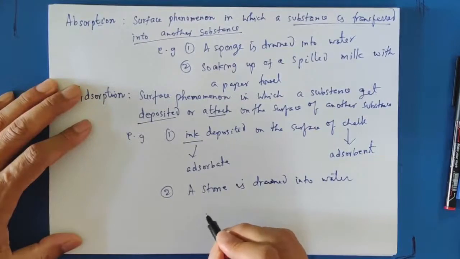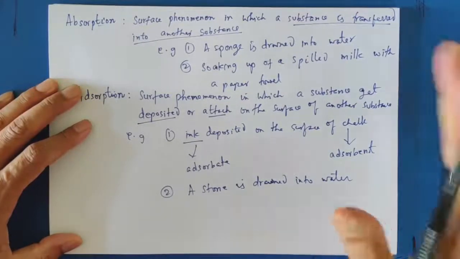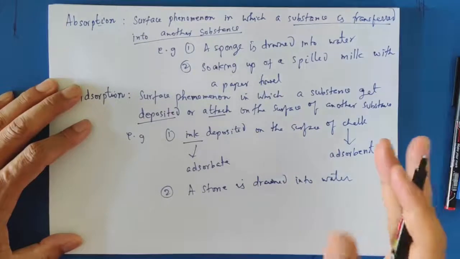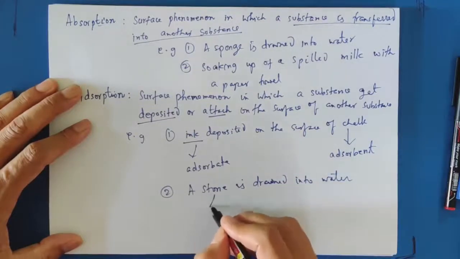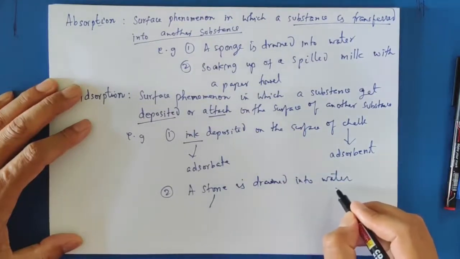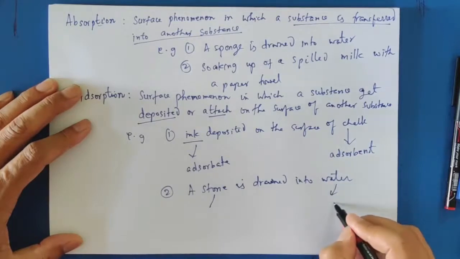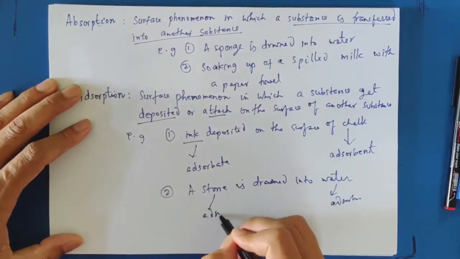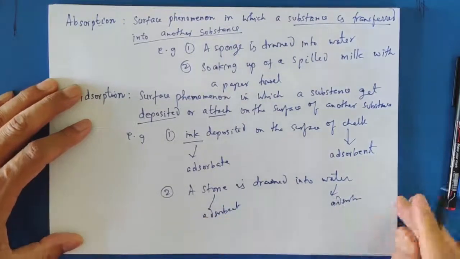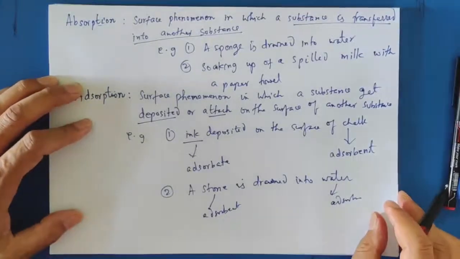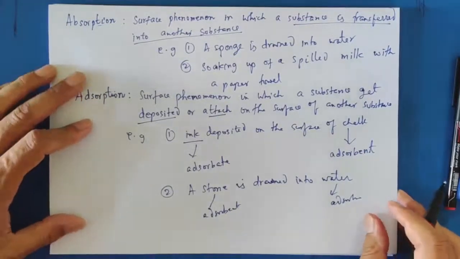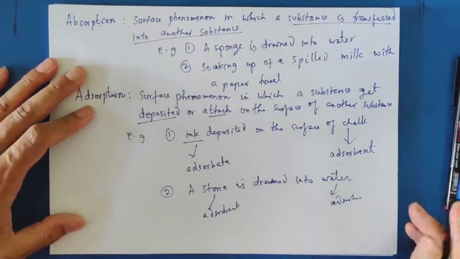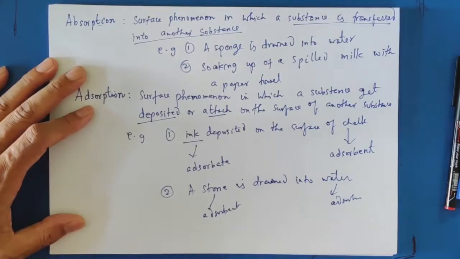The water sticks on the surface of the stone and does not go inside. So here water is the adsorbate and the stone is the adsorbent. What is adsorbent? A substance on which the adsorbate gets deposited. What is adsorbate? The substance which gets deposited. Okay, good.